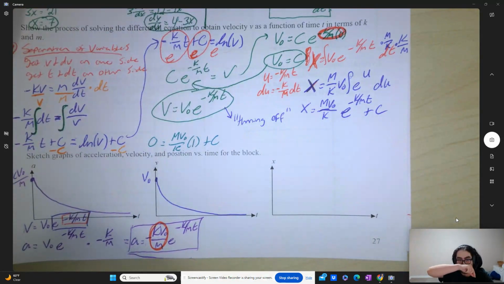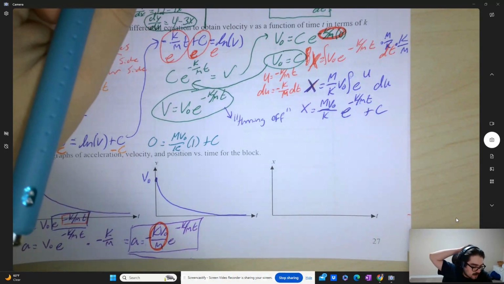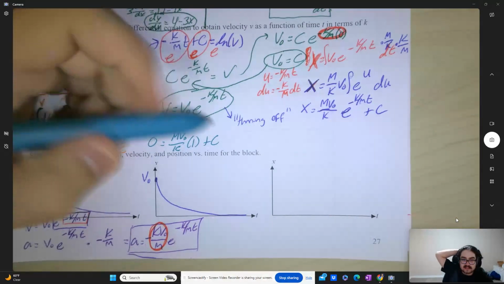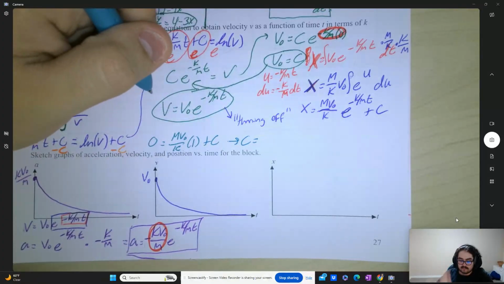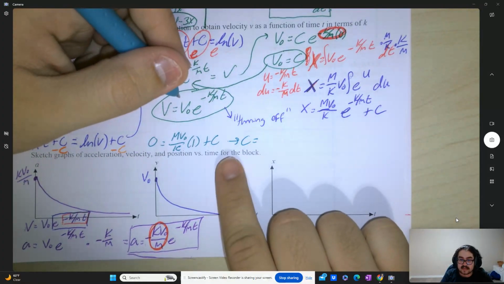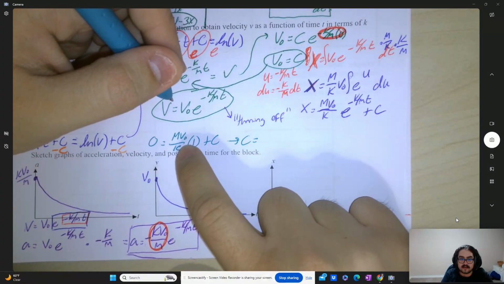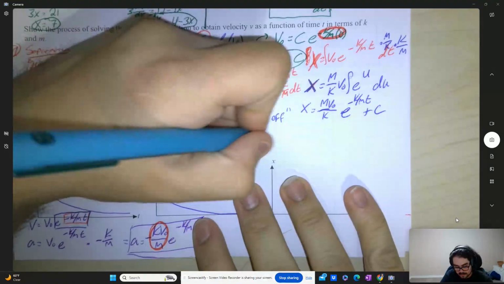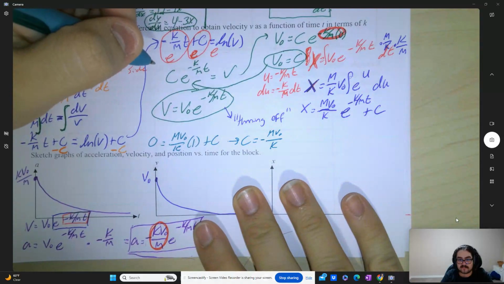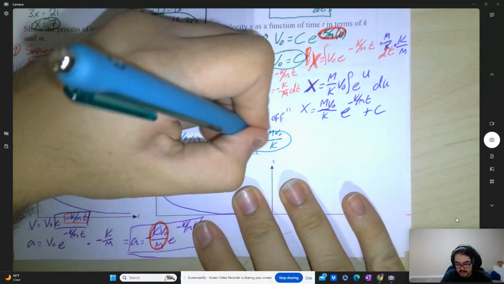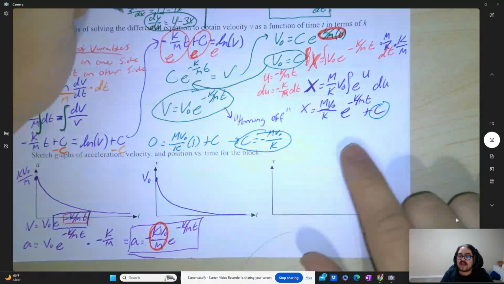Hopefully you recognize that this c is going to be negative mv naught over k. So this c right here is the same as this c right here.